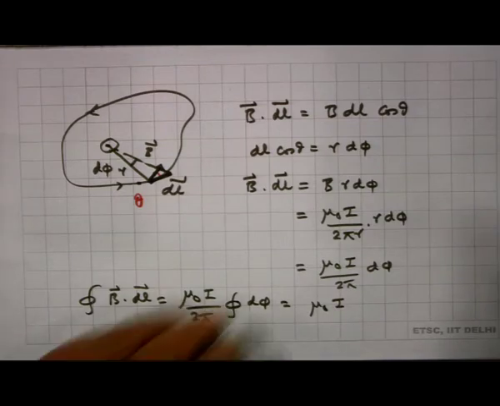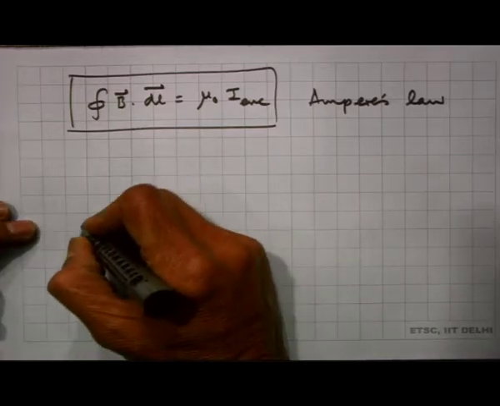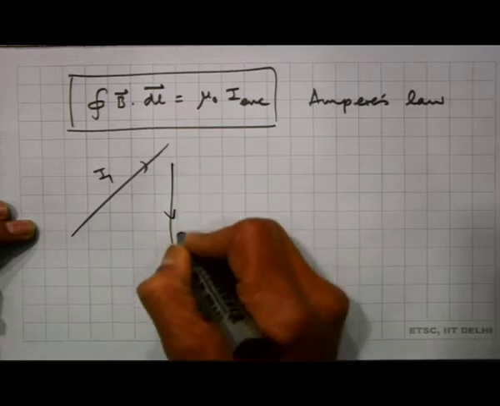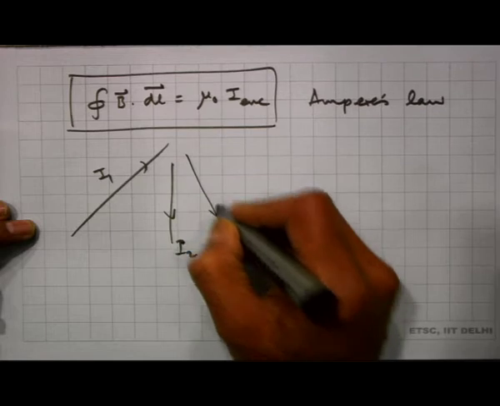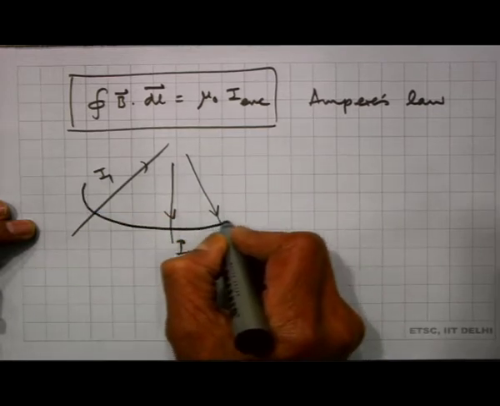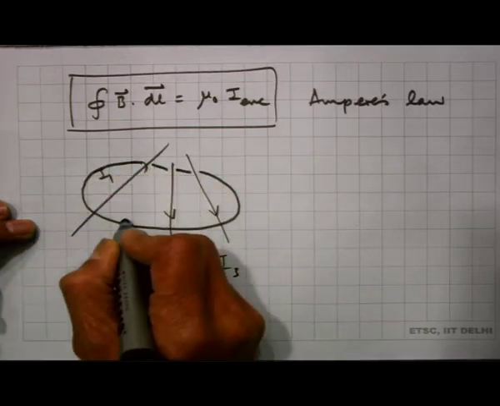So, this is a very general result. For example, I can draw a figure in which I have current carrying conductors like this I 1, another current carrying conductor I 2, and another one for example I 3. So, I can have a loop of integration which may be going behind, coming like this.